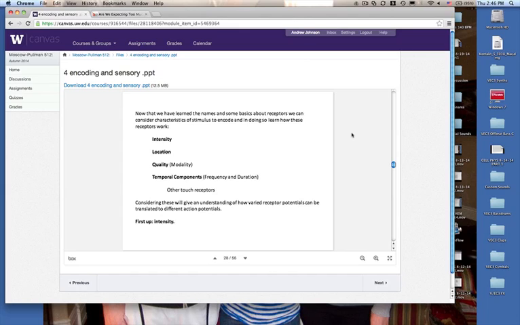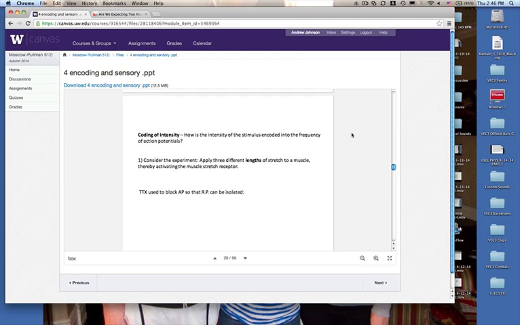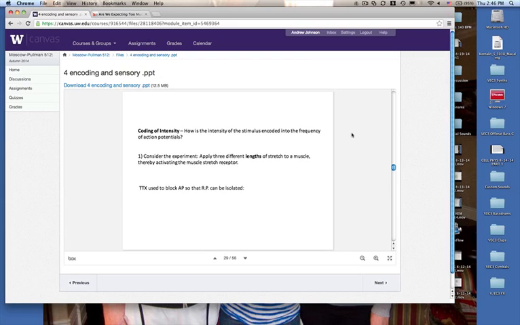How can you detect the intensity of sound versus the frequency of sound? But for intensity, what we want to consider is an experiment where we're stretching a muscle to 3 different lengths. So we have 3 different lengths of stretch, and that's going to activate the muscle stretch receptors.